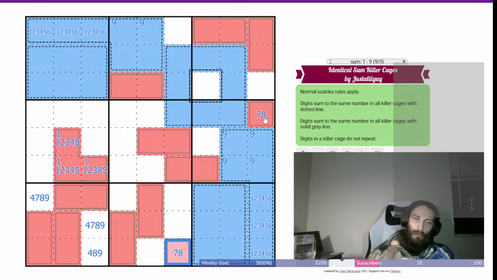Because if this ends up being a 7, then that 7 has to be over here. But if this is an 8, then it's either an 8 here or here. We just know that whatever digit this is, it's this quadrant, this quad.